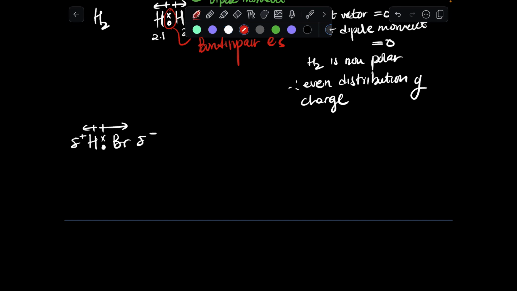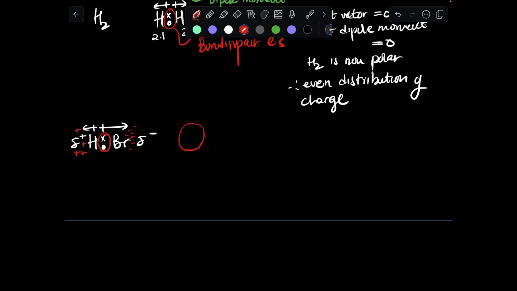The negatives will flock to this side because Br is pulling the pair of electrons towards itself, and the positives will be on the hydrogen side.